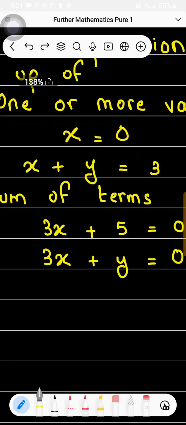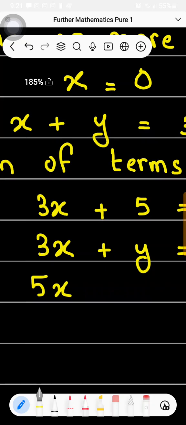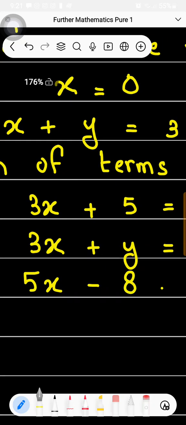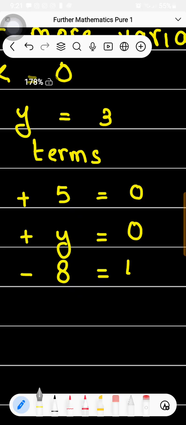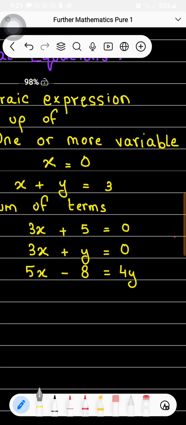Let's go through the third example: 5x minus 8 equal to 4y. Let's go to the first condition, one or more variables. One variable, second variable, so the first condition is satisfied. Let's look at the second condition, sum of terms. This is the first term, this is the second term, and 4y is the third term.